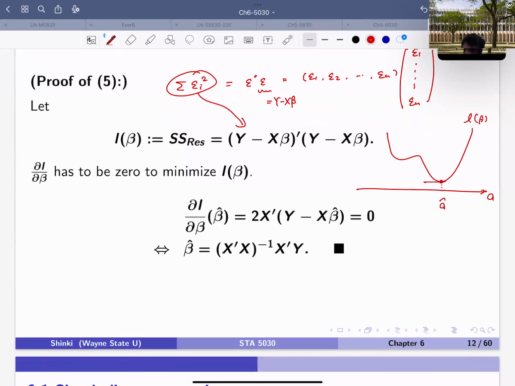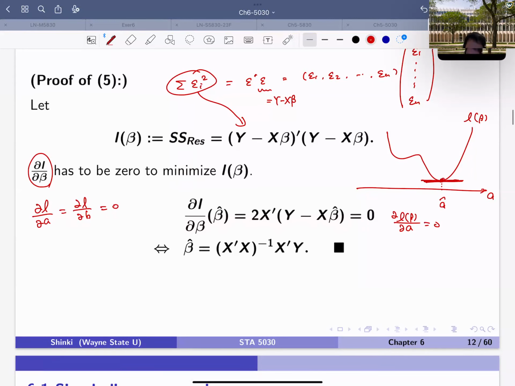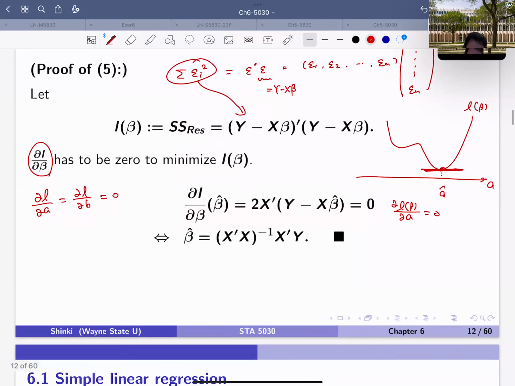At the minimizer, the derivative of this function is 0, because this is the minimum. So this slope should be 0. That means the derivatives with respect to A and B are both 0 at the minimizer, the pair A hat and B hat.